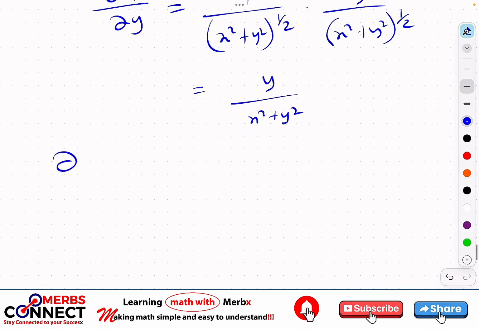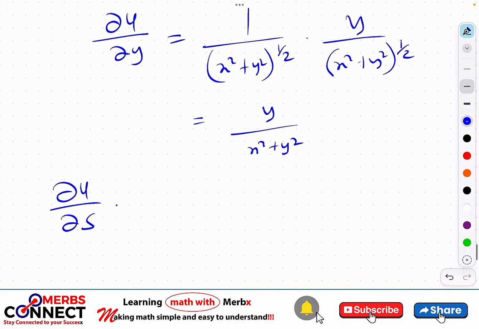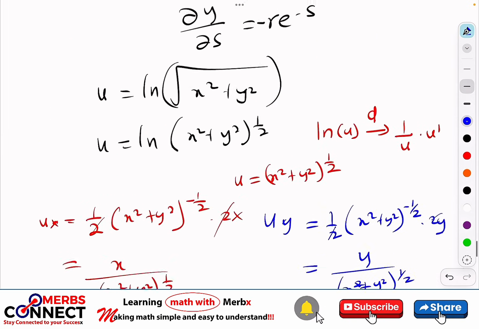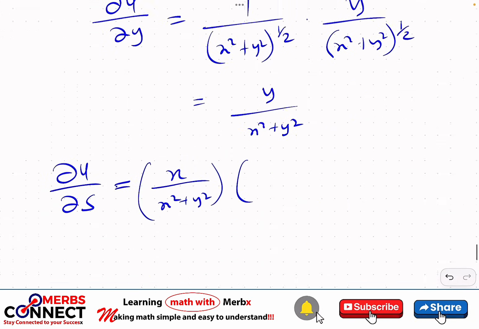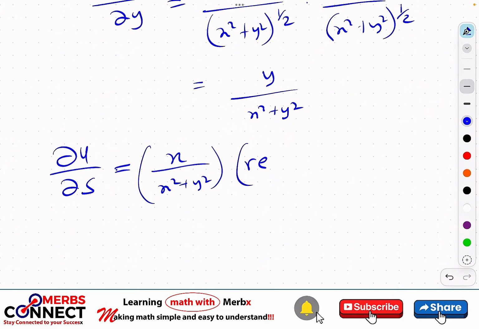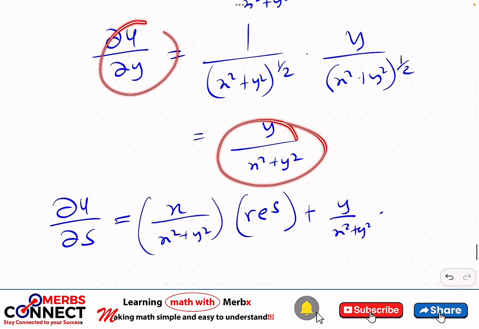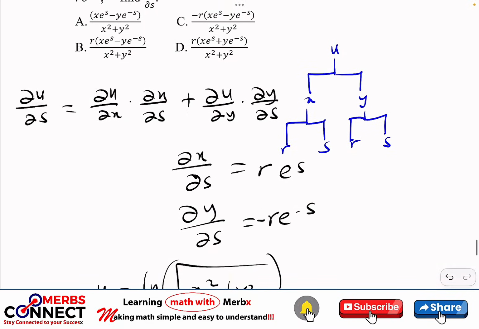So partial of u with respect to x is times. So we are going to have x divided by x squared plus y squared times this guy here. But this guy here is this. So we are going to use that. Plus this is y over x squared plus y squared times, so this one here, which is this, which is right here, times this.